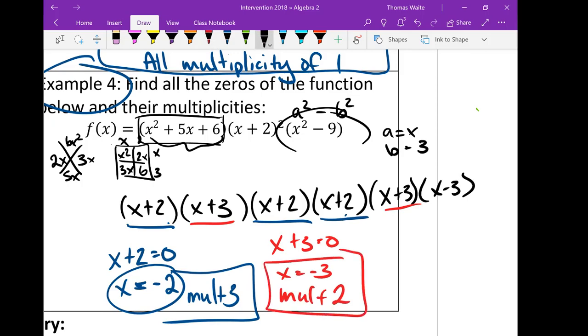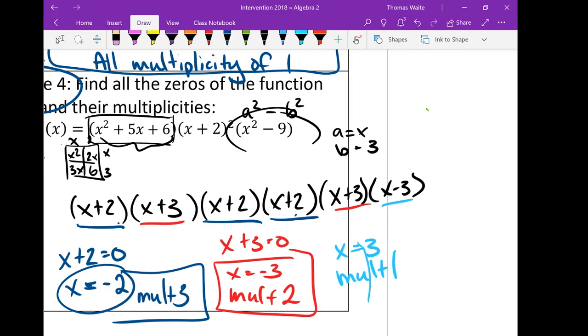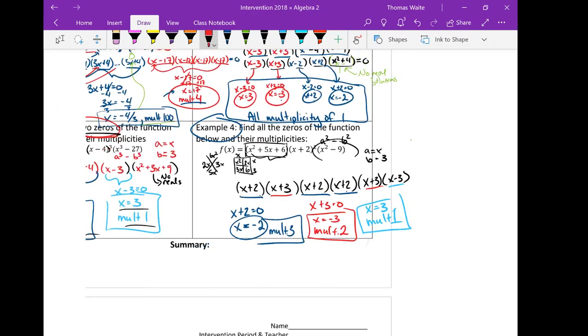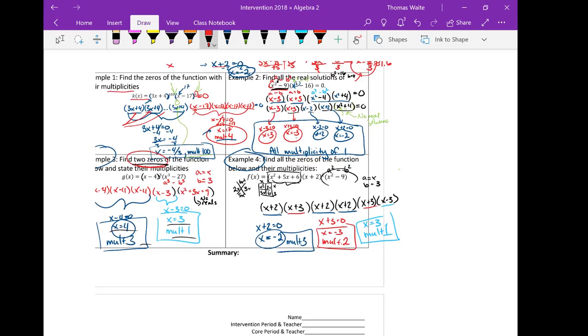And then our last one, I'm not even going to solve this equation. I just see that x equals positive 3, from x minus 3, and it has multiplicity 1. I'm abbreviating multiplicity. If it asked you to write it out, you could always just write it out. Okay, so that's kind of our summary.